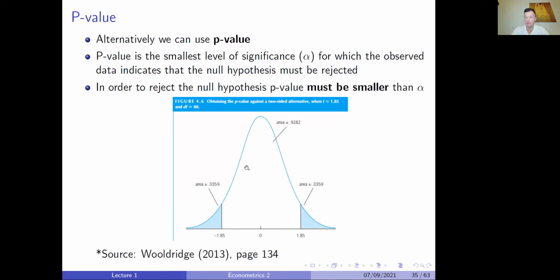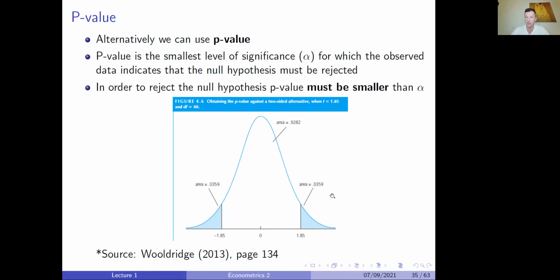And here we have an illustration. So if we have 40 degrees of freedom, and if the t-value is 1.85, it means that 1.85 and minus 1.85 separate the area to the left and to the right of 0.0359, and the same here.